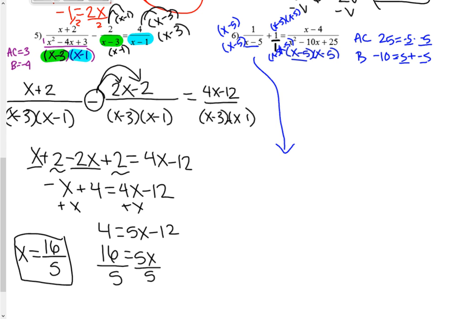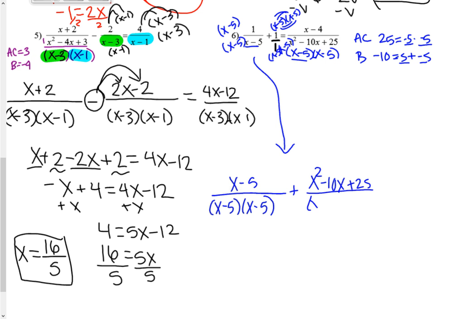So my first fraction, 1 times x minus 5, gives me x minus 5 over x minus 5, x minus 5. My second fraction, I'm going to have plus, and then I have x minus 5 times x minus 5, so we're going to distribute that out. When I distribute that, I get x squared minus 10x plus 25 over x minus 5, x minus 5.